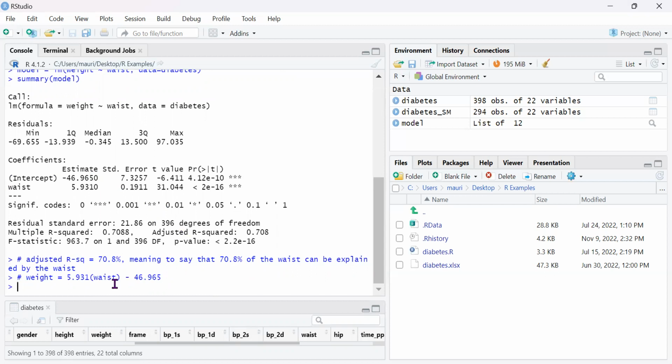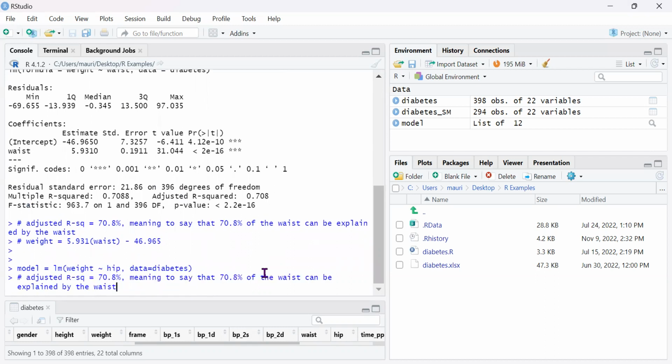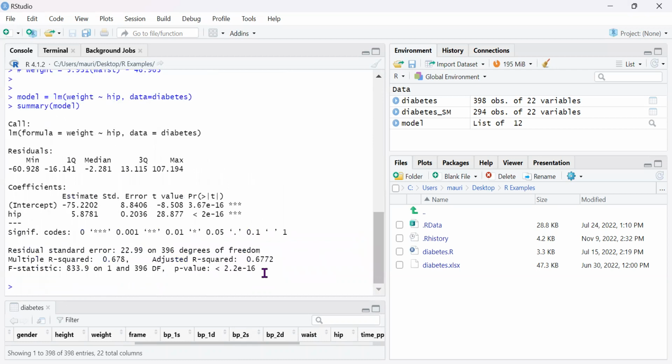You can consider what happens if we want to have more items. For example, weight: can you use waist? Can you use hips and so on? So let us do the same for: can I predict a person's weight using the person's hip measurement? Do a summary again. It has about 67.7% reliability, so you can construct another equation.